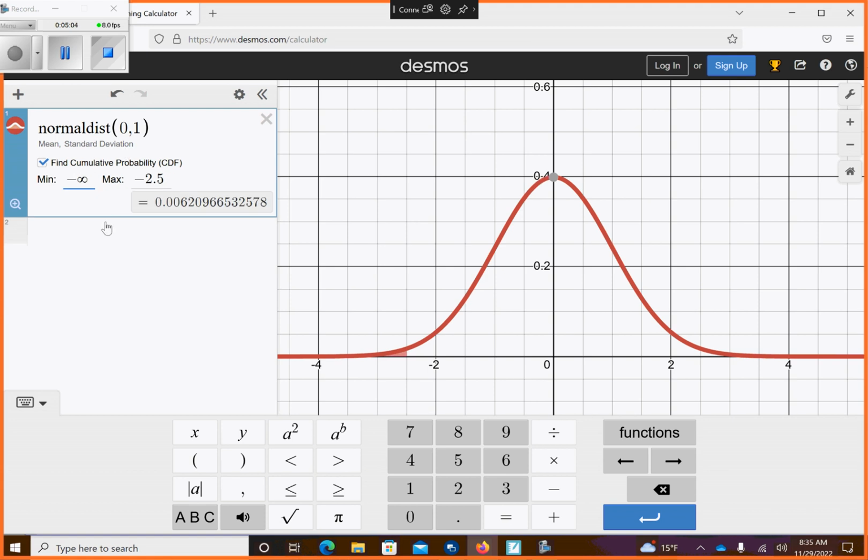So that means that 0.6% would earn an F.